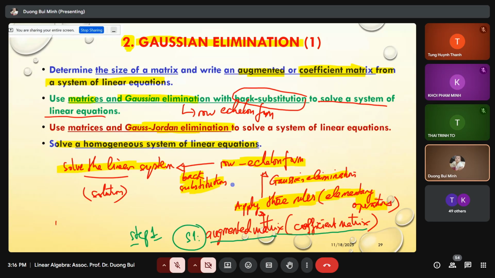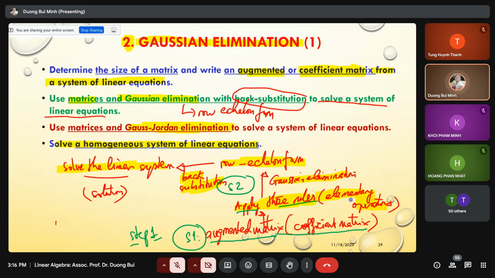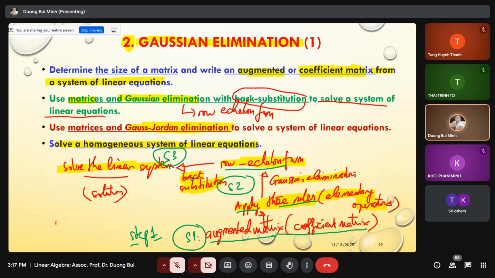Step 2, we apply 3 rules or 3 elementary operations to get row echelon form. And then step 3, we apply back substitution to get the solution of the linear system. So in total we have 3 steps to get the solution of linear systems. Okay? Is it clear for you?